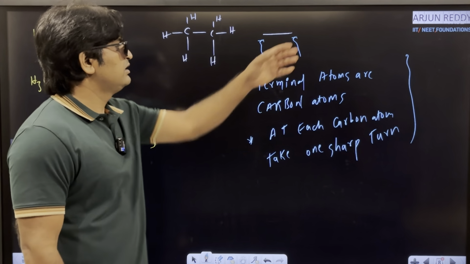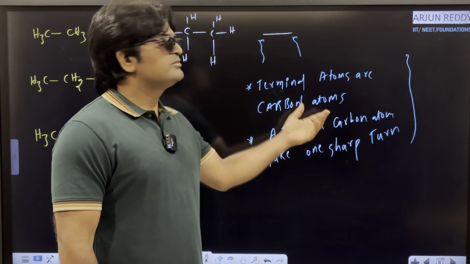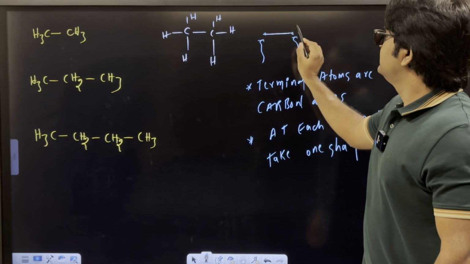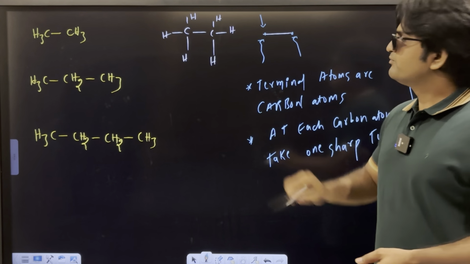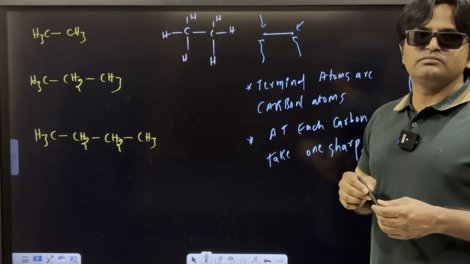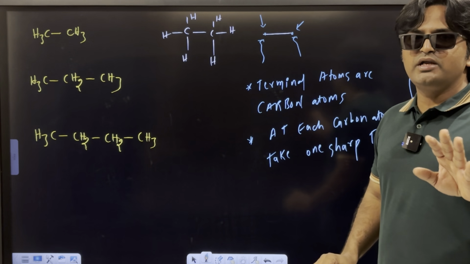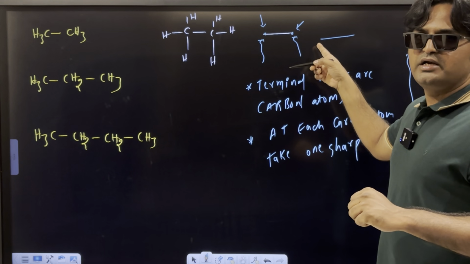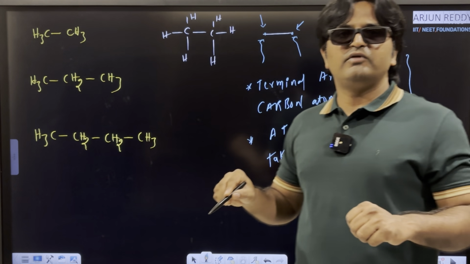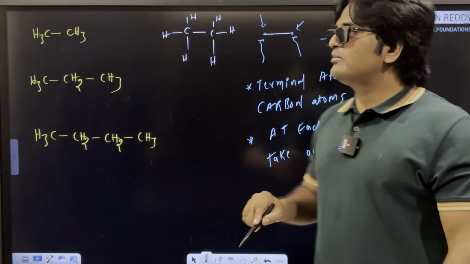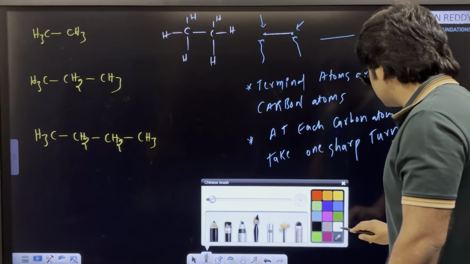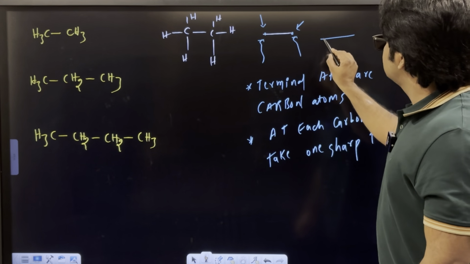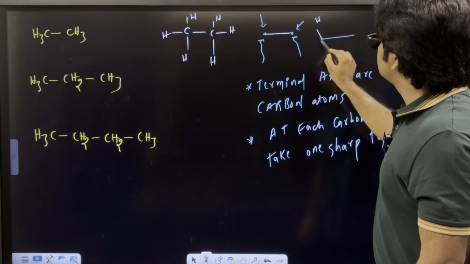Once again tell me this one. Terminal atoms are what? Carbon atoms. Yes, here how many terminals are there? Left and right. Here which is present? Yes, carbon. And here which is present? Carbon atom. And already we know the carbon valency is 4. For example, here in this line, if there is already a carbon atom, by default according to the valency of carbon atom, how many hydrogen atoms should be present? Even though you are not writing hydrogen atoms, on this carbon atom how many hydrogen atoms should be present?